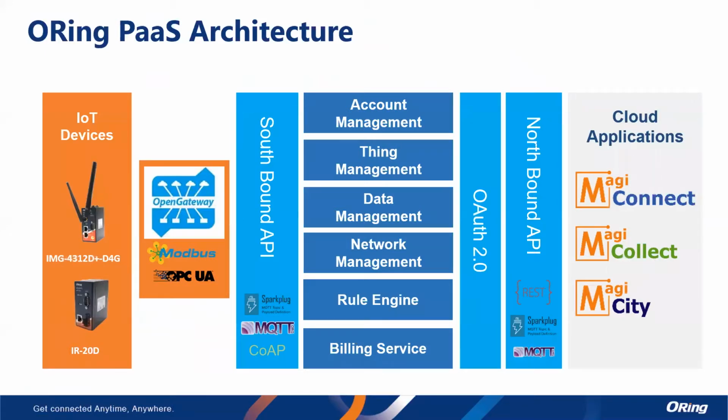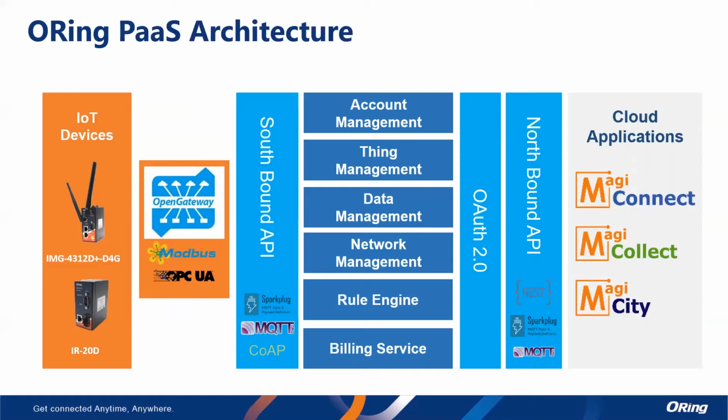So looking at the PaaS architecture and the service stack that we have on offer, basically in the middle, in blue, you can see the cloud platform which provides account management, thing management, and data management. We have the southbound API with protocols like MQTT, CoAP, and Lightweight Machine-to-Machine.